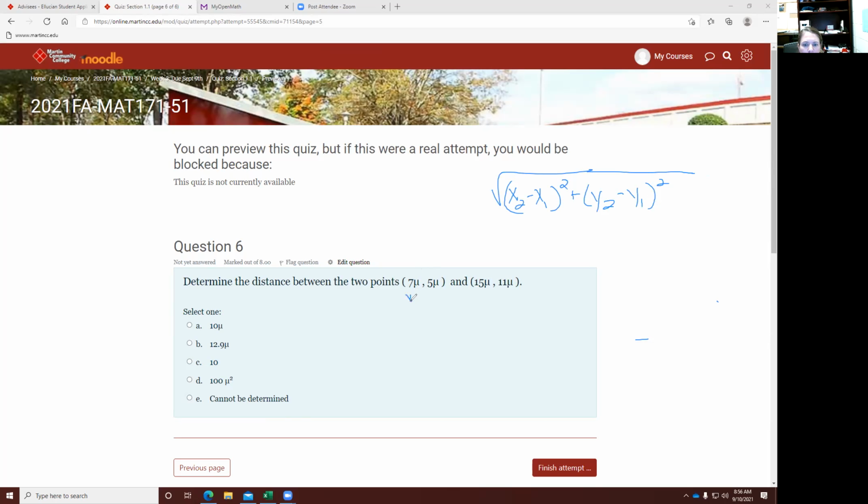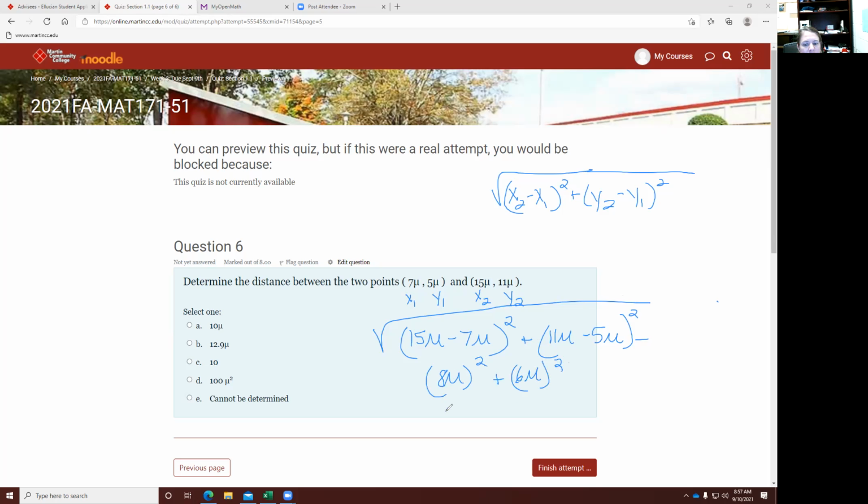So this will be your x1, y1, x2, y2. All right, we subtract them. So 15 mu minus 7 mu, that's going to be squared, plus 11 mu minus 5 mu, squared, with the square root. All right, so 15 minus 7 is going to give you 8 mu. 11 minus 5 is going to give you 6 mu.